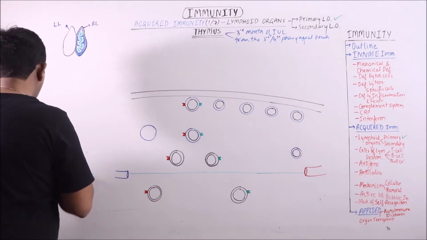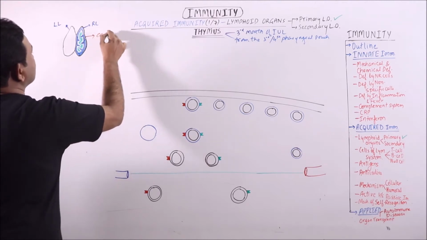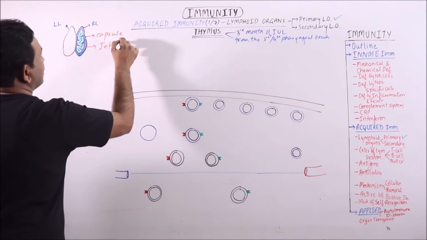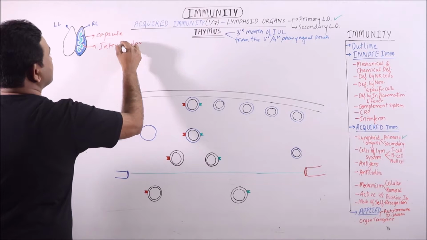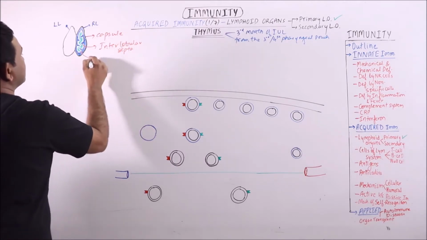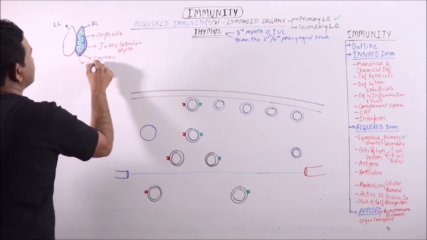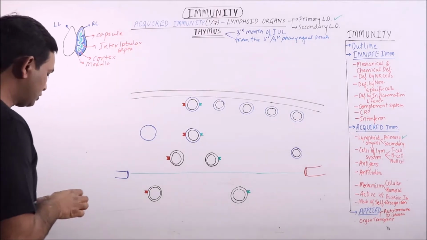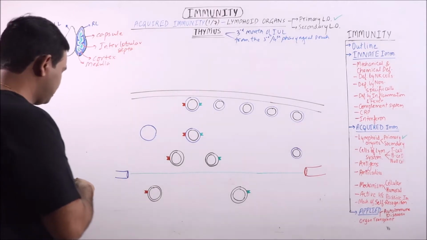The upper or the outermost covering is known as capsule, and these are the interlobular septa, and this is cortex, and the innermost region is medulla.